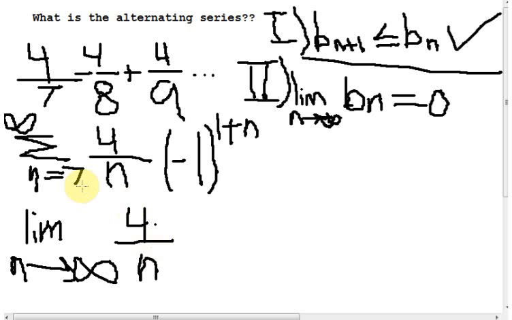So we're checking if the bn term would equal 0 as n approaches infinity.